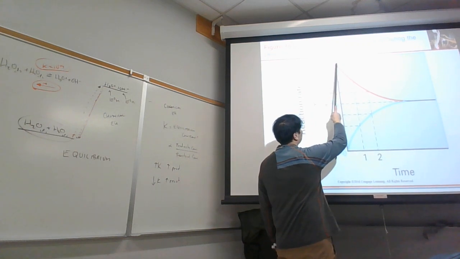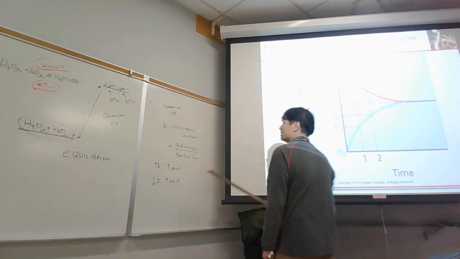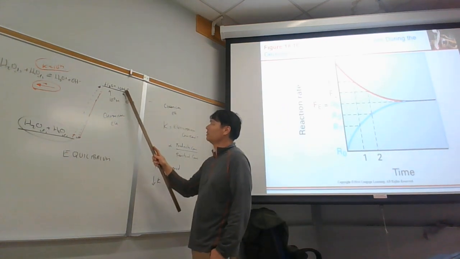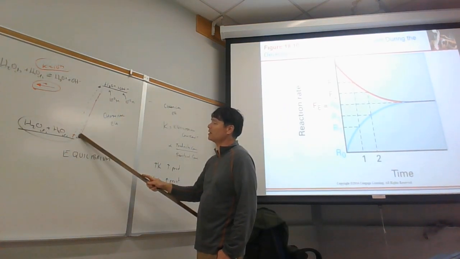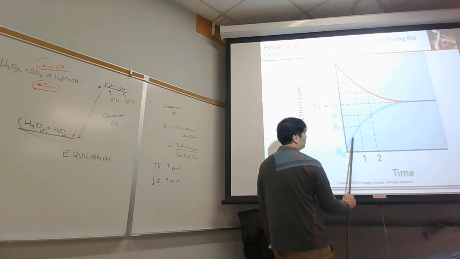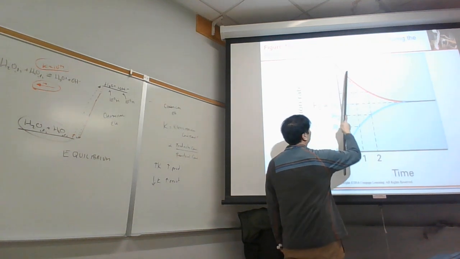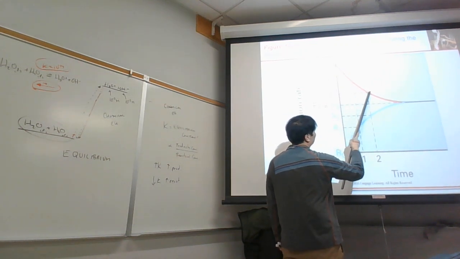The rate of the forward reaction is at max. Then as the population grows up here, more molecules are going to fall back down. So as the population grows, the rate increases for the reverse, and ultimately the rate decreases for the forward.